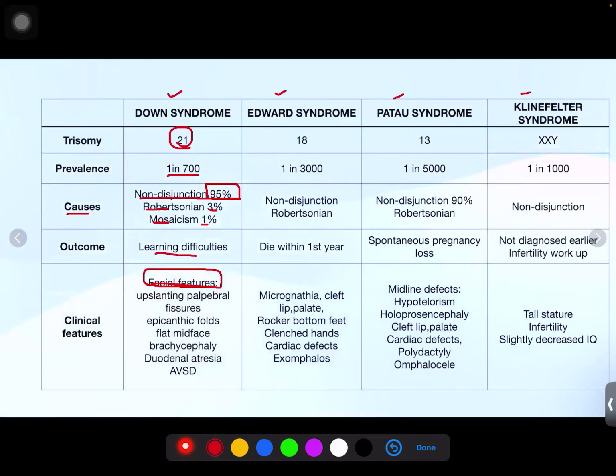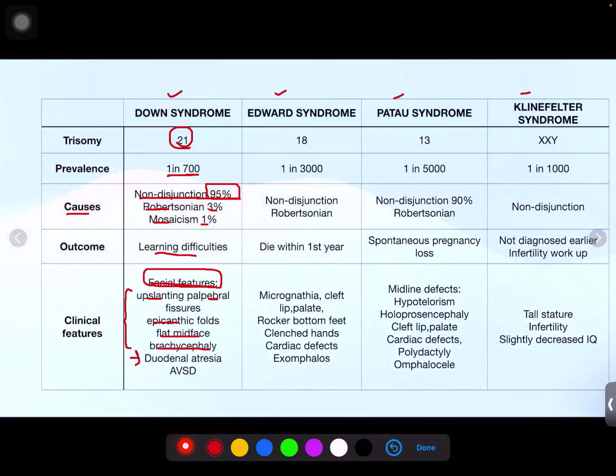Down syndrome has very typical facial features. You have to remember these features: upslanting palpebral fissures, epicanthic folds, flat midface, and brachycephaly, meaning the AP diameter of the head is smaller. These facial features are very important.